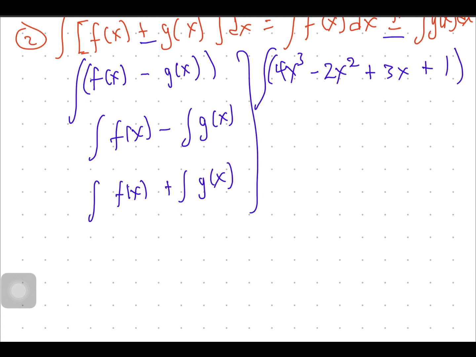You can separate the sum or difference and find the antiderivative of each term. So you can do the integral of 4x power 3 minus the integral of 2x power 2 plus the integral of 3x plus the integral of 1.